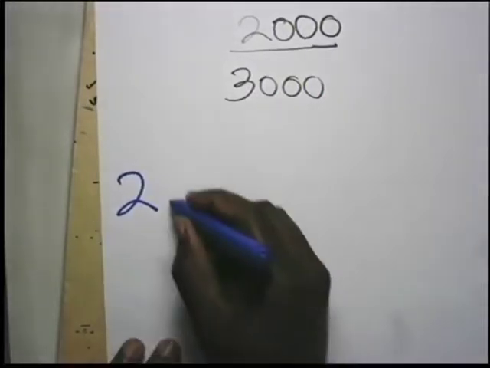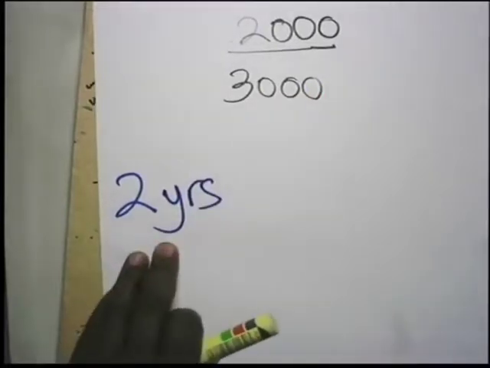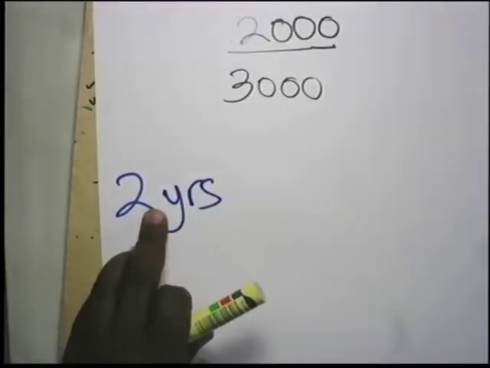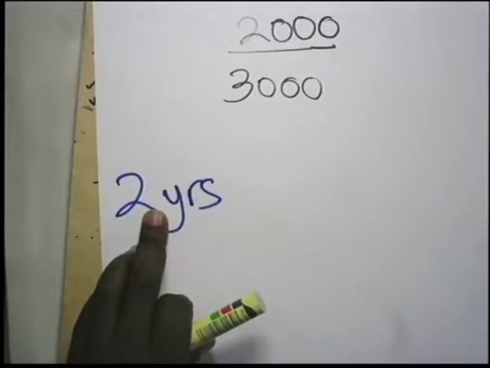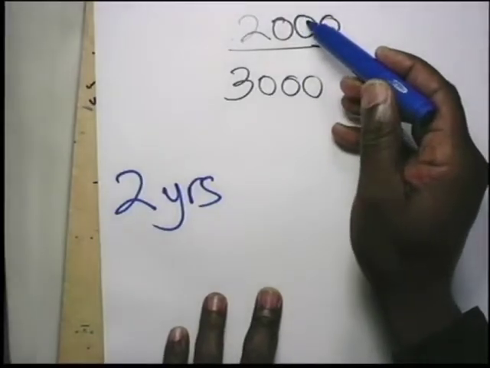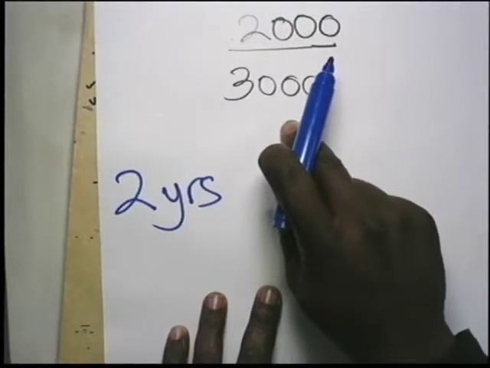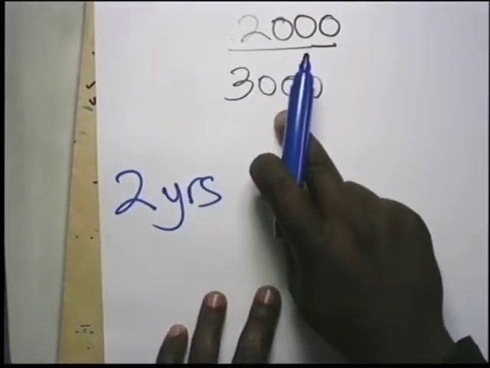Now, I'll write my 2 years down there. At the end of year 2, we would have recovered some amount, but we're still yet to recover 2,000. This 2,000 is what I put as my numerator, and it's going to be recovered in the cash flow that is coming in year 3. That's why I put my 3,000.